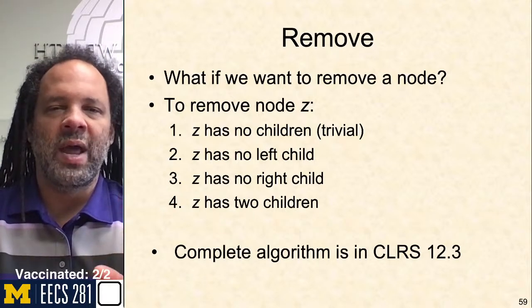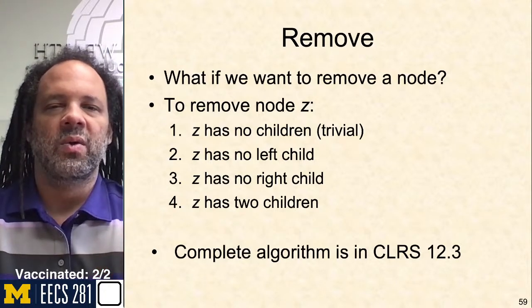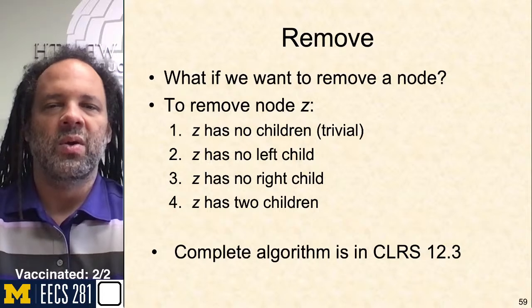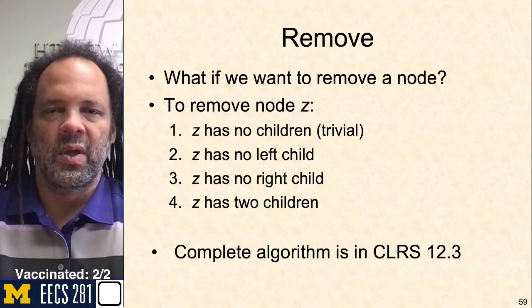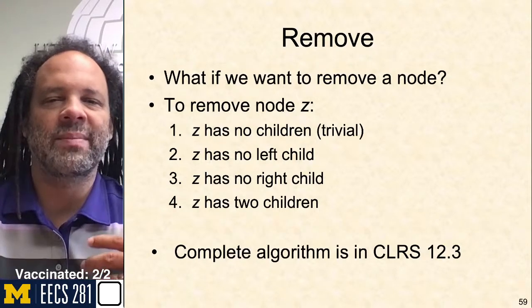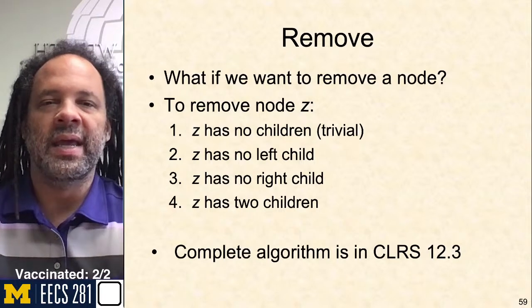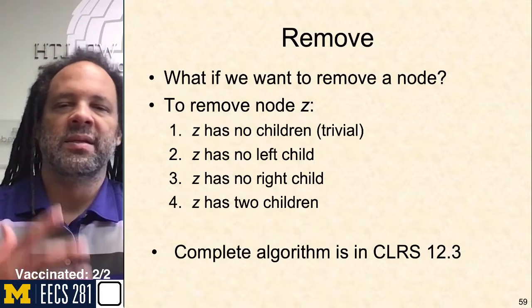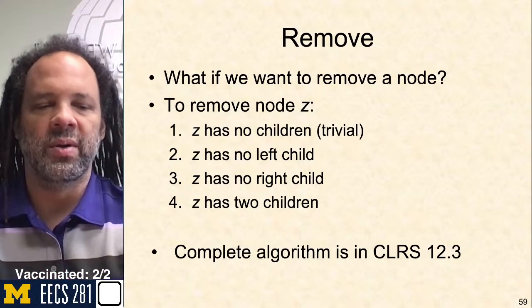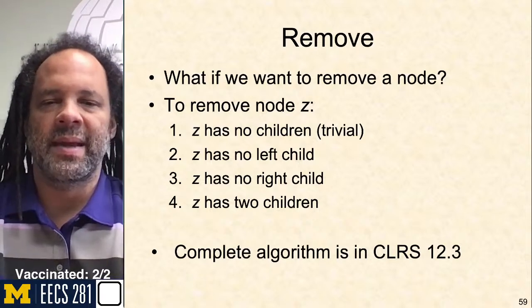So if the node has only 1 child, we can replace that node with the child upon removal, and that still keeps the rest of our tree in a fully compliant binary search tree mode. It's got our invariant and it maintains that.